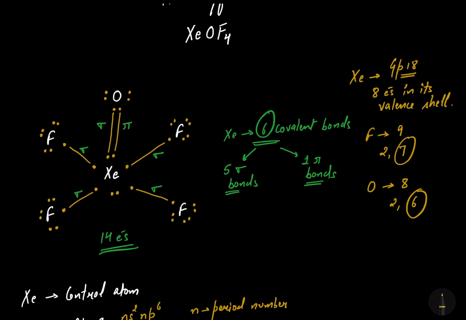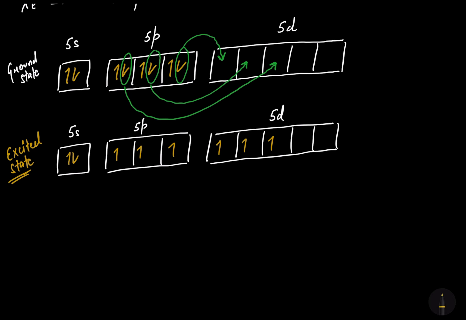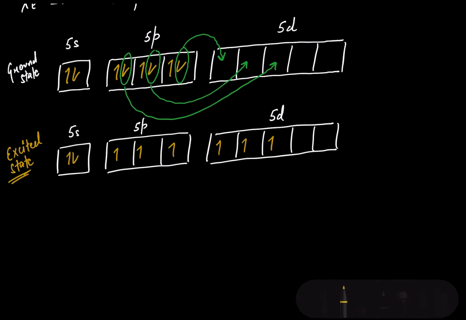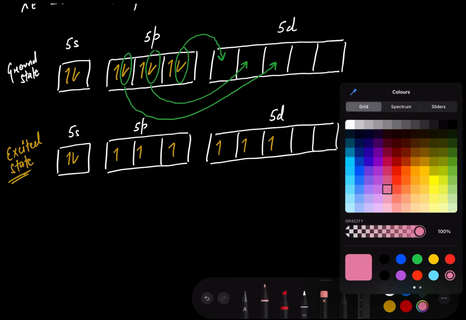Now here we are having a total of 5 sigma bonds and 1 pi bond. So from this step hybridization will start. In hybridization, only those orbitals will be involved which are having a lone pair of electrons, and the other orbitals which are having one electron will form only sigma bonds, not pi bonds. So in the Lewis structure, we are having 5 sigma bonds.